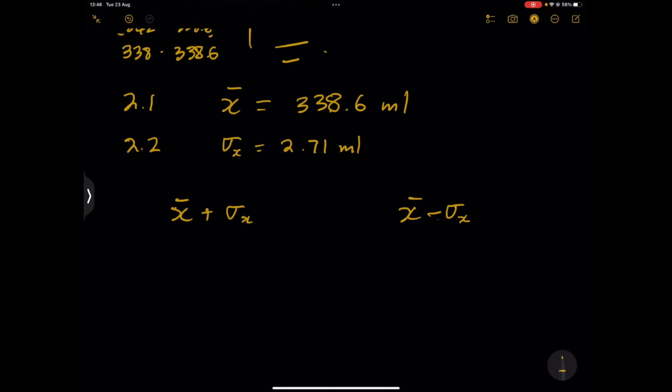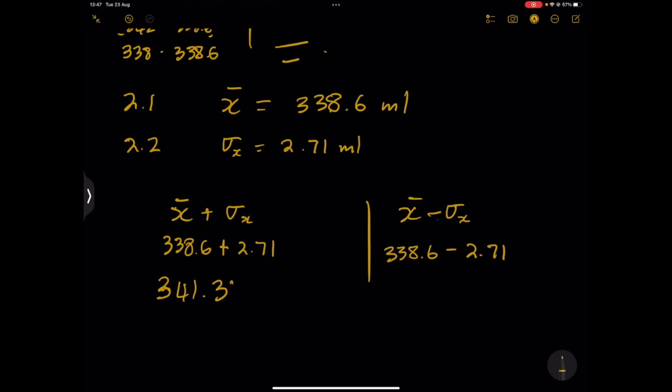Okay, so the first value there would be 338.6 plus 2.71, and the other one is 338.6 minus 2.71. Now, let's try and find that value quickly. So 338.6 plus 2.71, I get a value of 341.31.